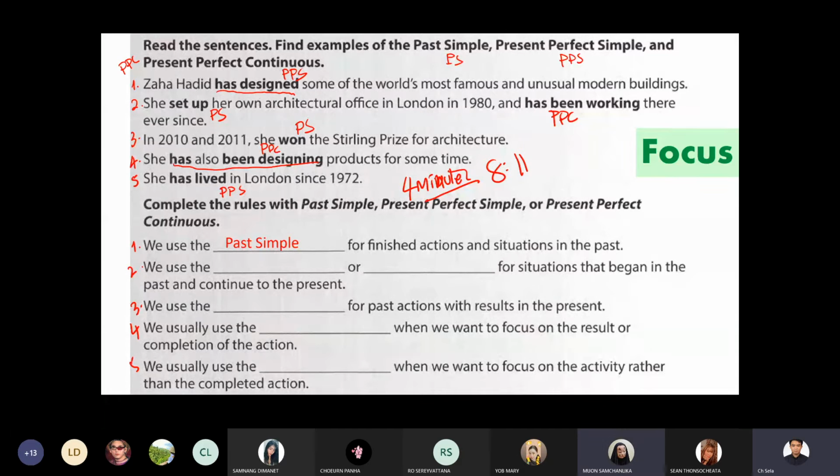I join late, but joining late is better than never joining. Okay, joining late is better than absent, correct? Correct? Yes, sir. But joining late is better than absent, but late every day is worse than absent, you know.